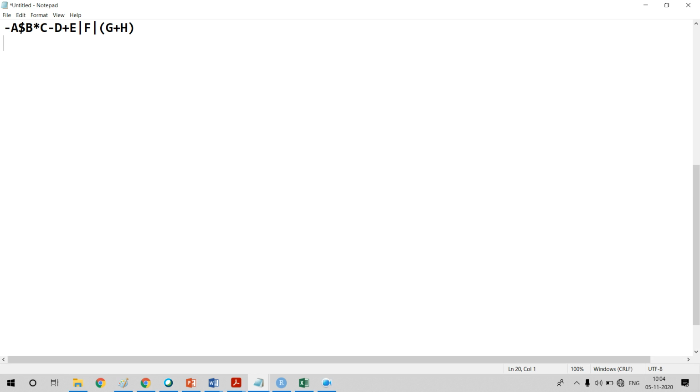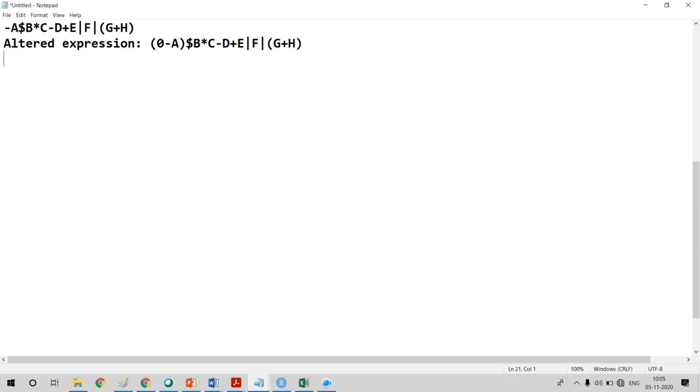If there is a unary operator, minus is unary, resolve that by using 0 minus form. So I'm going to use 0 minus form for A, putting that inside brackets just to resolve that. The expression becomes 0 minus A dollar B into C minus D plus E or F or 1 G plus H close.